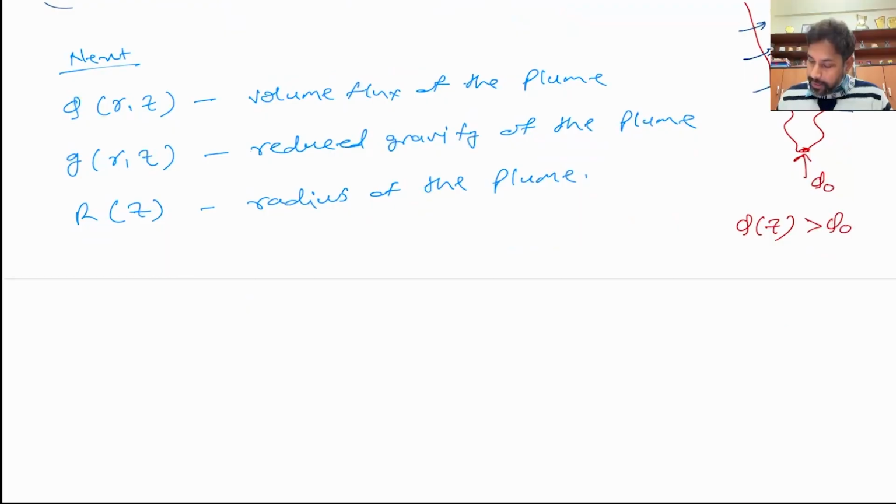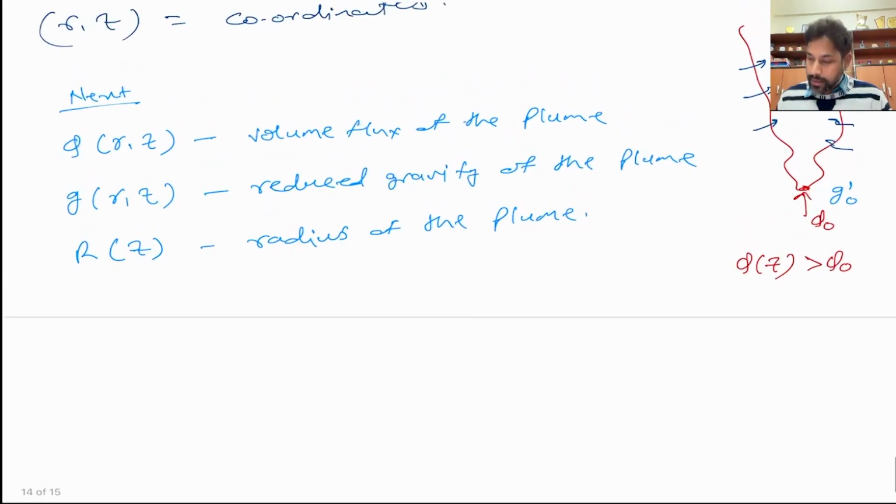Likewise, if there is g prime naught here, and here we find g prime z, then g prime z will be smaller than g prime naught. Why? Because again there is mixing, so the temperature or density difference between the plume and the ambient is decreasing as we go away from the source.